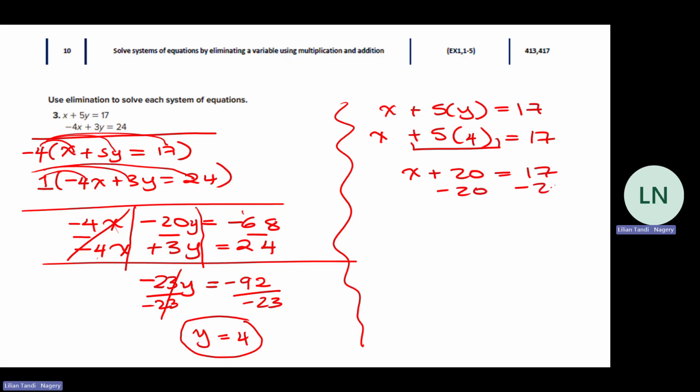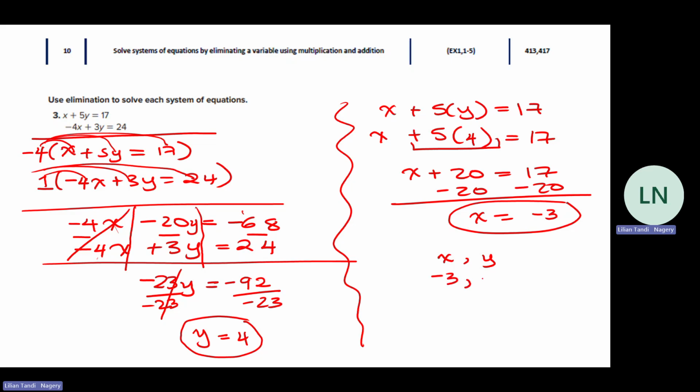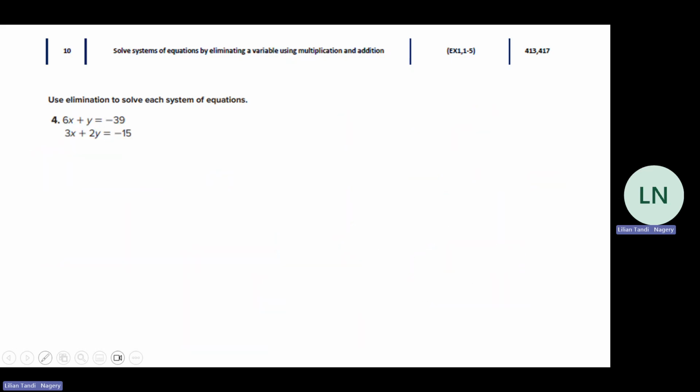Minus 20 minus 20, x is negative 3. And then you write your answer. X comes before y, negative 3, 4, and you box your answer.